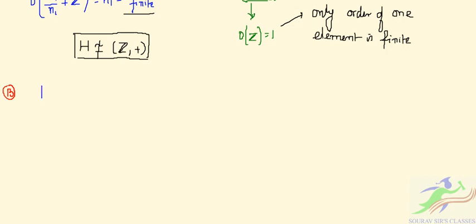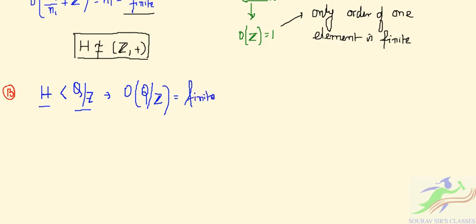Suppose we consider a subgroup H of this group, which is a finite subgroup, and the order of each element of this particular group is also finite, and H is a finite subgroup of this group.